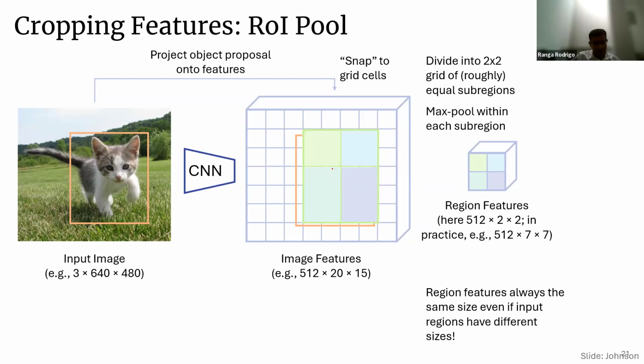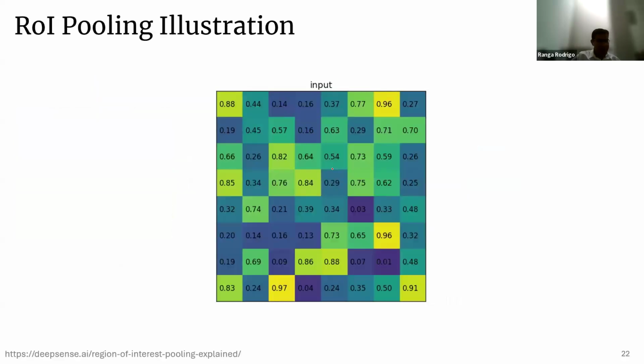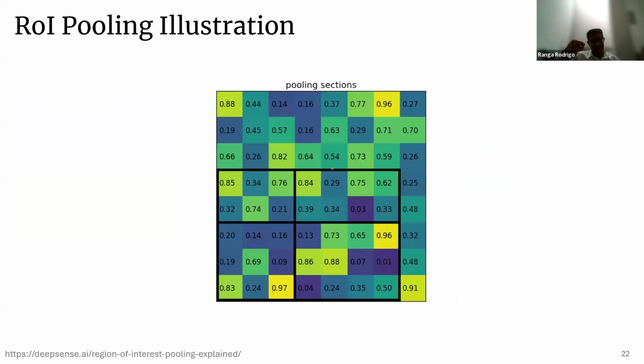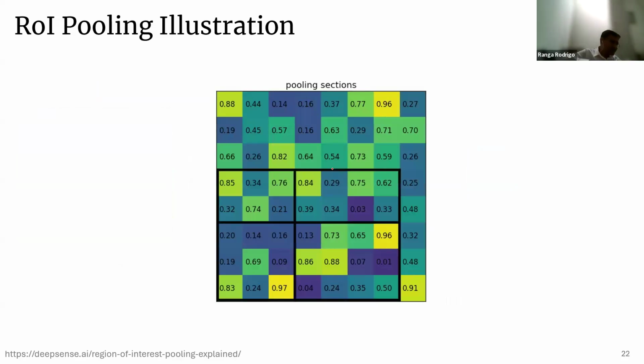Region features are always the same size, even if the input regions have different sizes. The problem is slight misalignment due to the snapping, and different size regions, which is weird. This is a problem with ROI pooling. Here's a little animation of how ROI pooling is done. You divide the region into a 2 by 2 grid, and then get the maximum value of each.